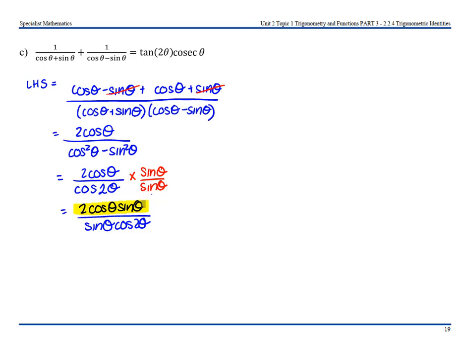Now 2 cos theta sine theta is equal to sine of 2 theta. So that's all over cos 2 theta sine theta. Sine 2 theta over cos 2 theta is equal to tan 2 theta.